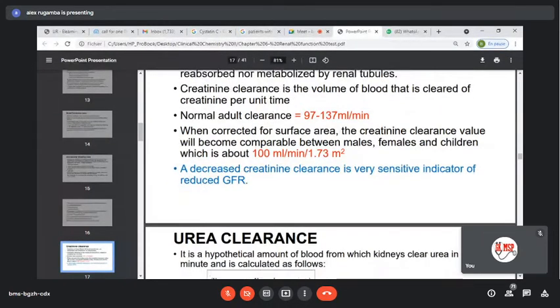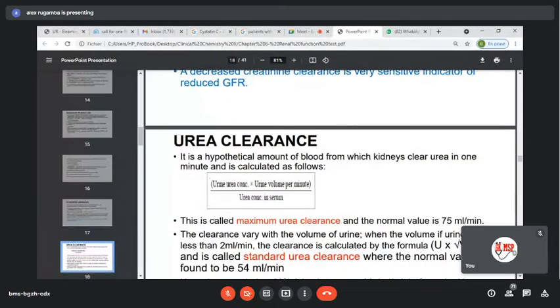So there is also urea clearance. Urea clearance is calculated by taking the urea concentration. You take urine, you measure the concentration of urea in the urine, and you multiply by the urine volume per minute. Then you measure the concentration of urea in the serum.